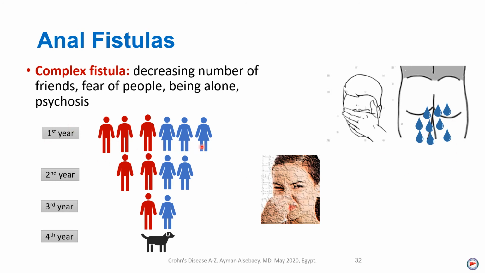In the first year, as we see here, he has 6 friends. In the second year, he will have 4 friends. 2 will get away from him due to the awful discharge. In the third year, he will have 2 friends, and for the fourth year, he will be alone with his dog. So, complex fistula is associated with decreased number of friends, fear of people, being alone, and psychosis. So, if you find a complex perianal disease from the start, you will change your plan of treatment.